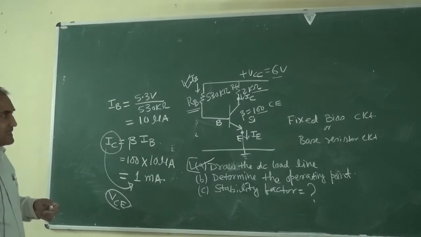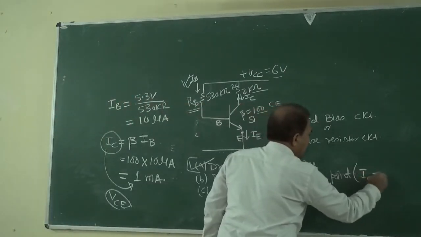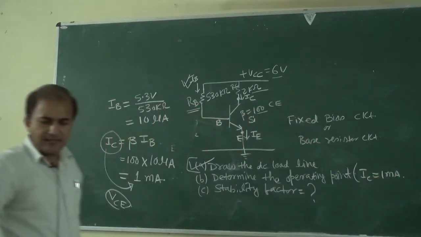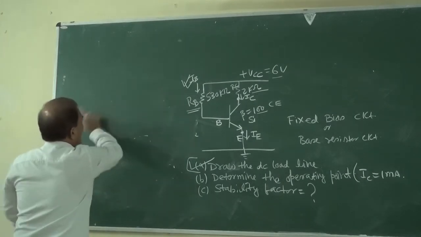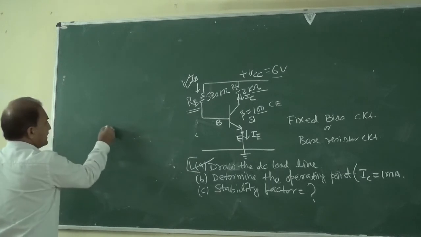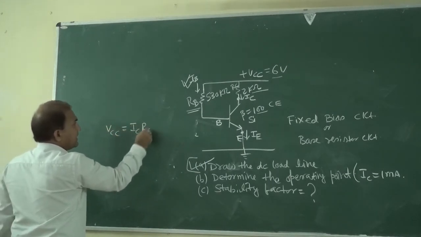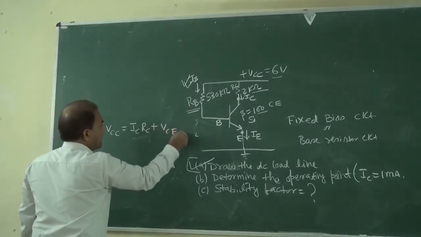How can we determine VCE? Here IC is equal to 1 milliampere. We can write VCC is equal to IC RC plus VCE.